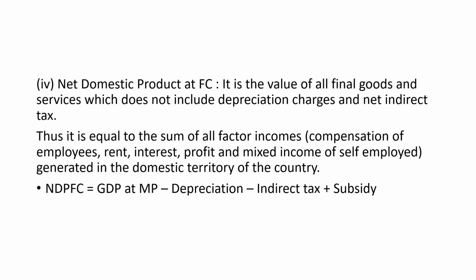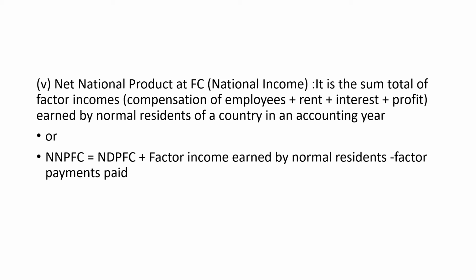So we have to deduct net indirect tax. It is a sum of all the factor incomes generated in the domestic territory of a country, which is equal to GDP at MP minus depreciation minus indirect tax plus subsidy. Minus indirect tax plus subsidy means your net indirect tax.